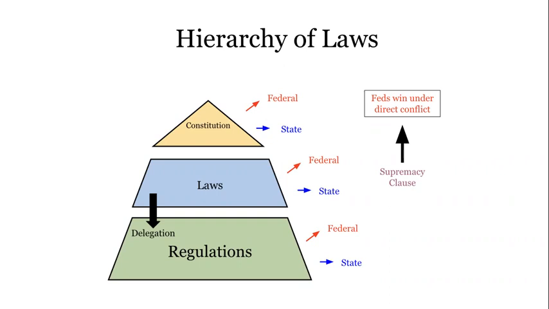If the rule itself, as it's written, violates the delegation, if it's outside of the delegation of a state or federal law, let's just stay with federal for now. So if the federal agency is acting outside of its capacity, so the rule itself says it can do something that the statute never allowed the agency to do.